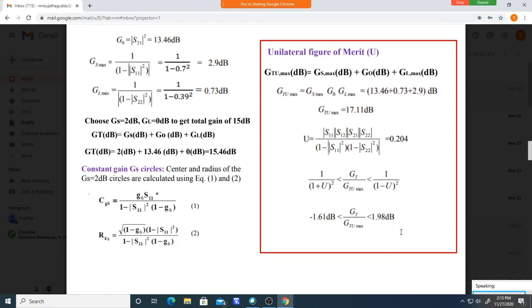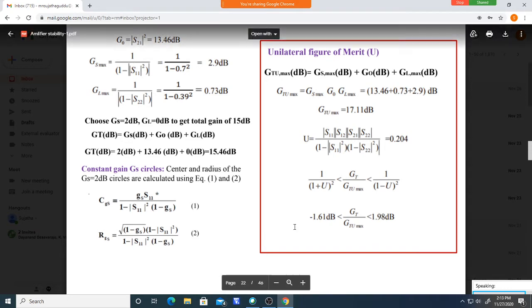So you can use this, because the error introduced here is smaller compared with what we need, a 15 dB gain. The error introduced by the unilateral design equations is less. Even if you use the unilateral design equations, the error introduced may be less compared with our achievable gain.